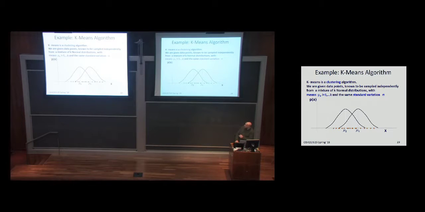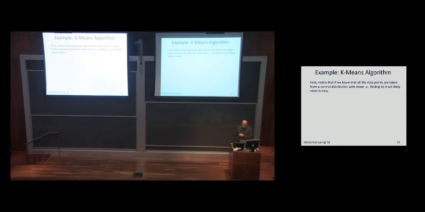It's a clustering algorithm. You see a lot of data points. Someone told you they came from 2 Gaussians, and the question that you want to ask is, how do I decide for each point which Gaussian it is coming from, and what is the mean, the centroid, of this Gaussian? So just to remind you, this is a normal distribution. The probability of x given mu, the mean, is written this way.